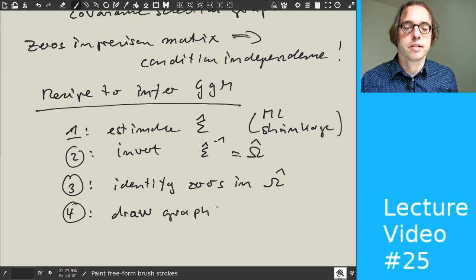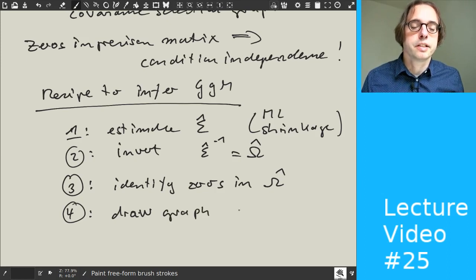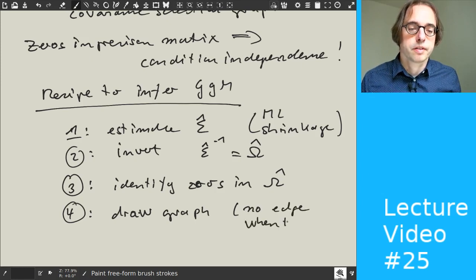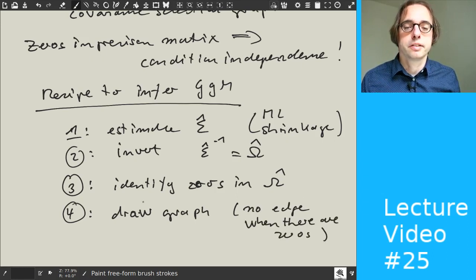Basically, you draw the graph by leaving out edges where there are zeros. So no edge when there are zeros.